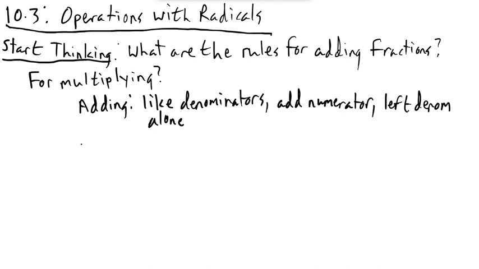And for multiplying, what did we do? For multiplying, you multiplied the numerators together and you multiplied the denominators together.